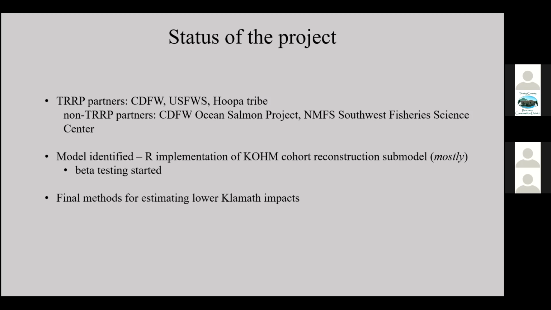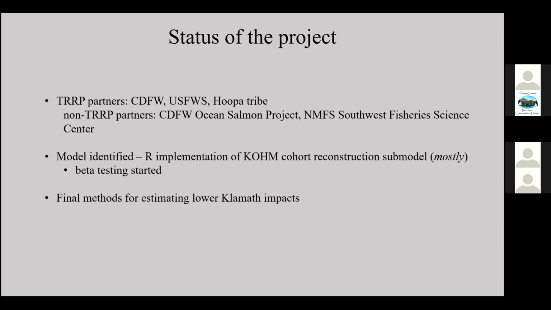Unfortunately, I'm still in the early stages of learning the model and testing the beta version. And for reasons I can elaborate on later, the authors of the R version don't want the model shared until it's been fully vetted. I'm working directly with the Ocean Salmon Project and the Southwest Fishery Science Center to validate and test the model.